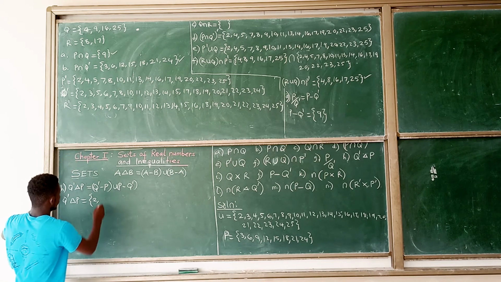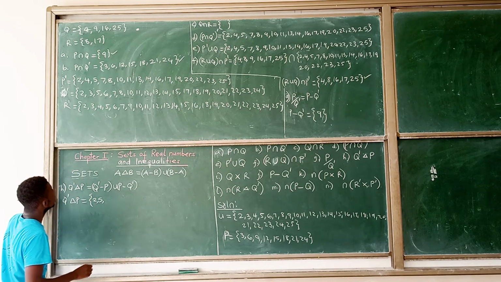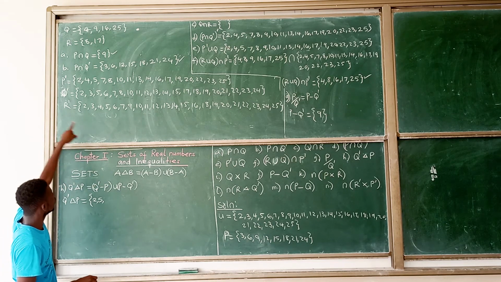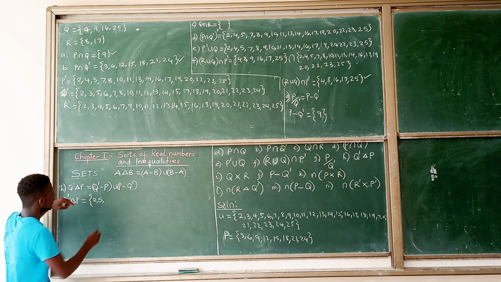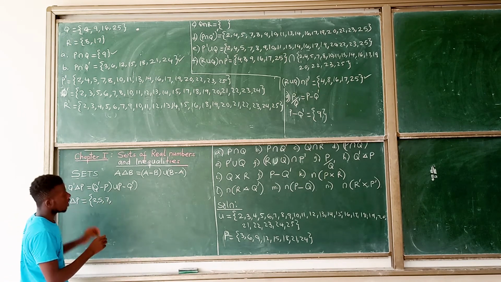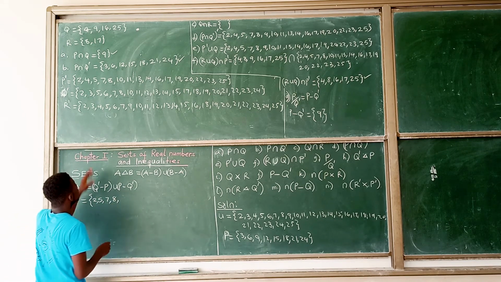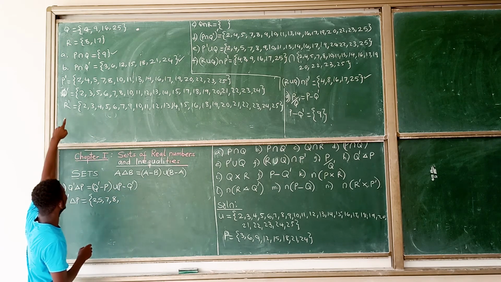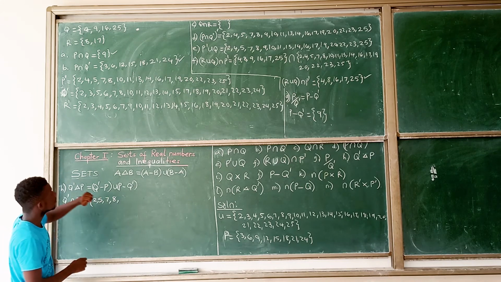We have 5. 5 is here. We have 6. 6 is in both. We have 7. We have 8. 9 is not here, but we are talking about elements that are in Q complement and not in P.